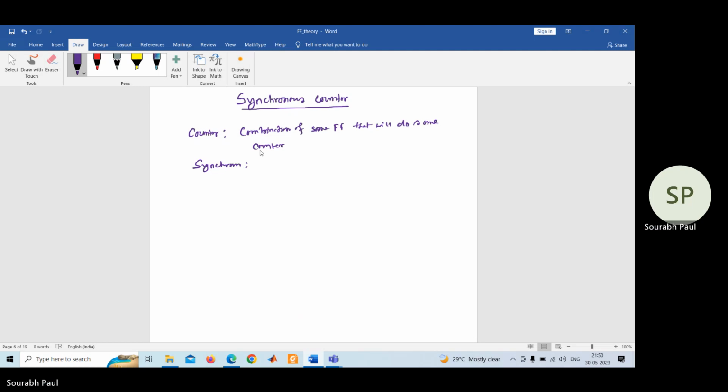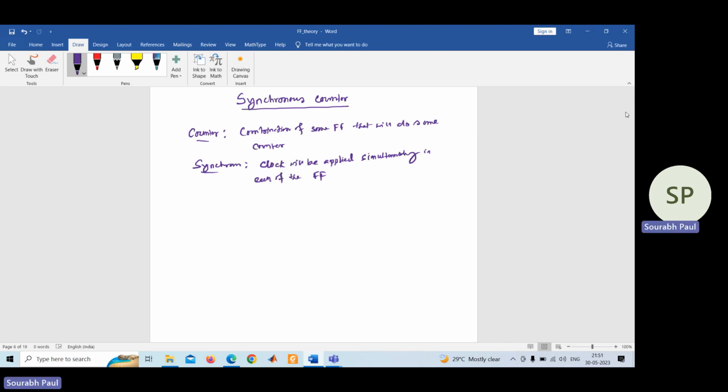Means the number of flip-flops used to make this counter, in all the flip-flops the external clock will be applied simultaneously, in each of the flip-flops. This is the meaning of synchronous.